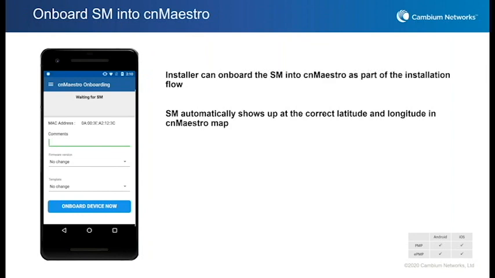Actually, I would say the app is not really optimized for installation color code because it will walk you through the steps of AP evaluation, etc., before it actually gets you to the alignment page. One thing we are looking at as a future enhancement is that if you are using installation color code and the SM actually connects to an AP, then we will allow you to skip some of the steps that are no longer required and jump directly to the alignment page.